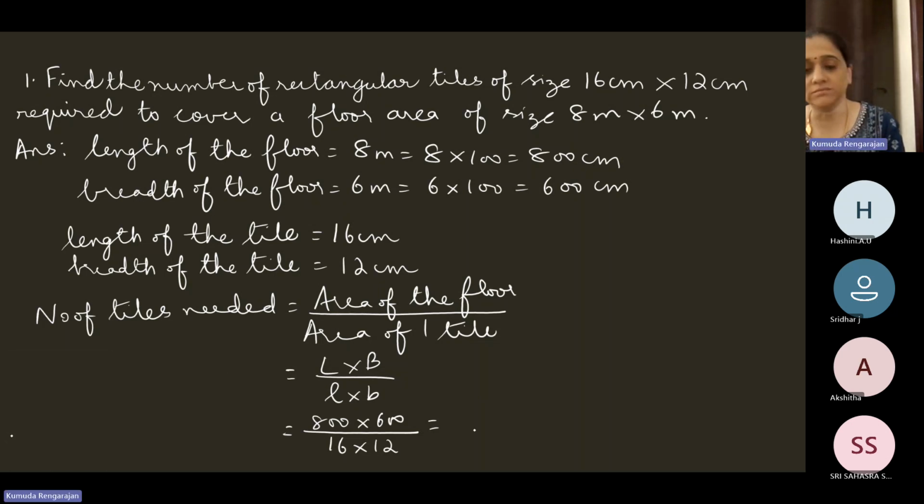What's the answer? Correct, 2500. You need to cancel, simplify. The answer is 2500.